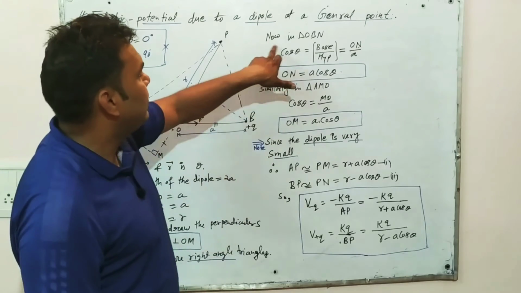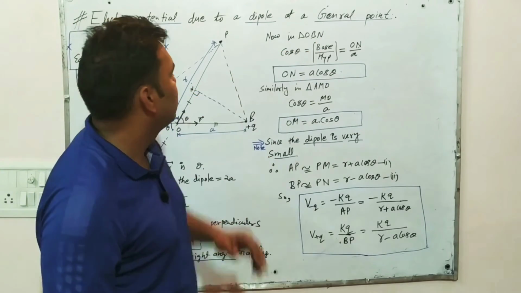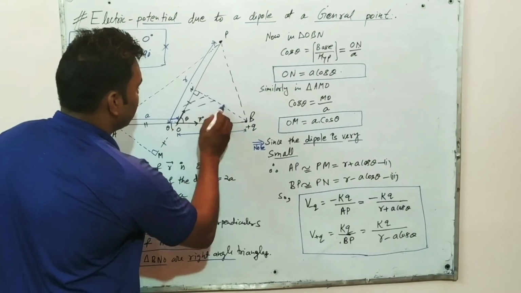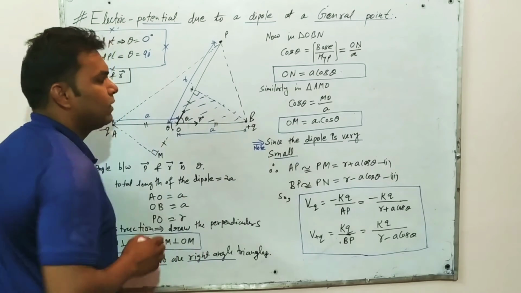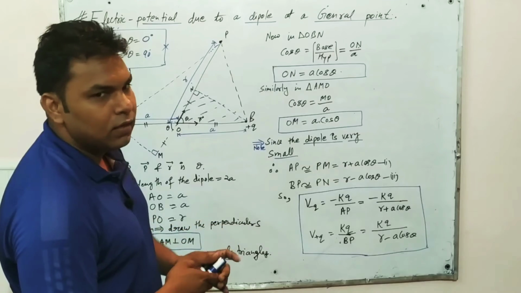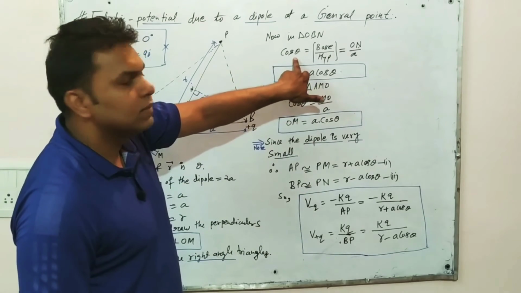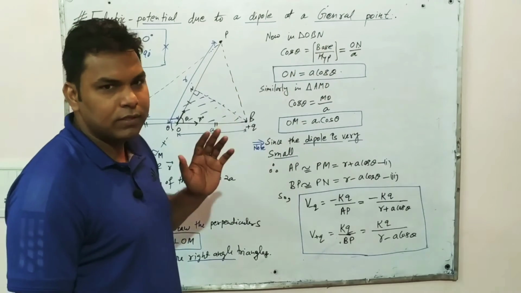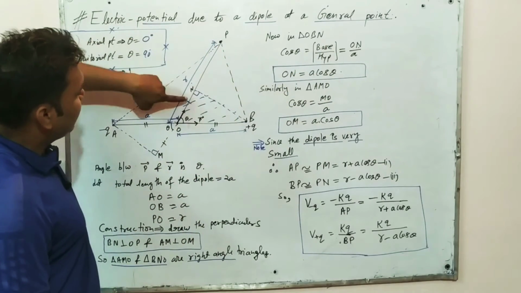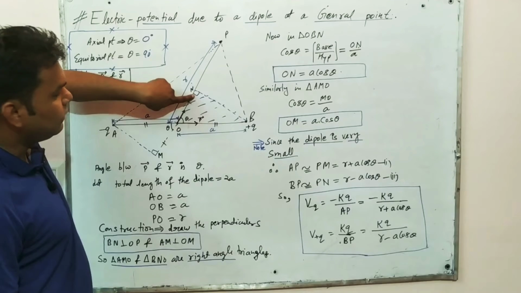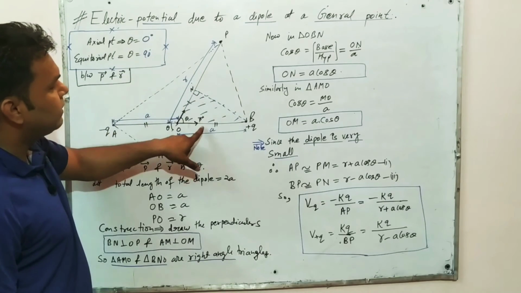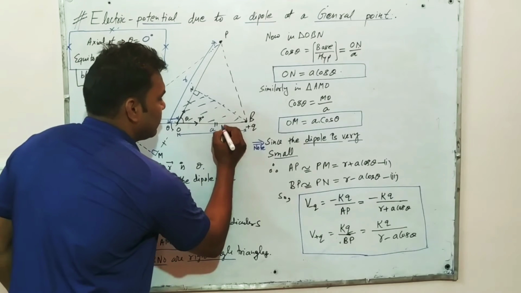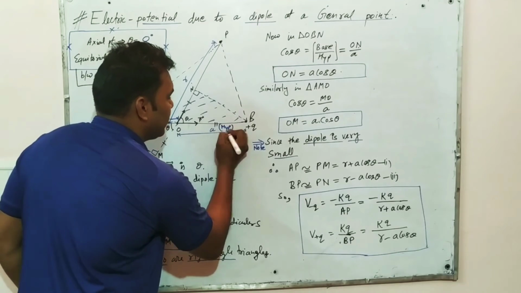Now in triangle OBN, cos theta is equal to base upon hypotenuse. We have 90 degree here, so the side in front of the 90 degree is called the hypotenuse. I am writing it as H by P.